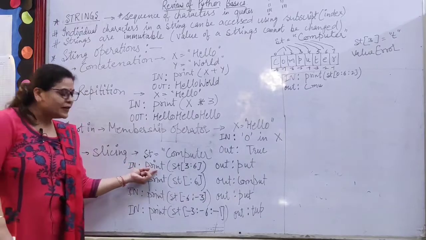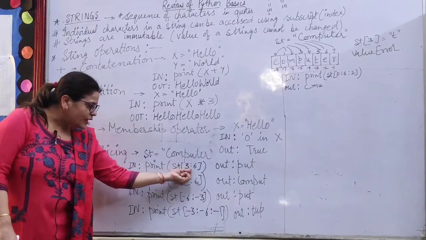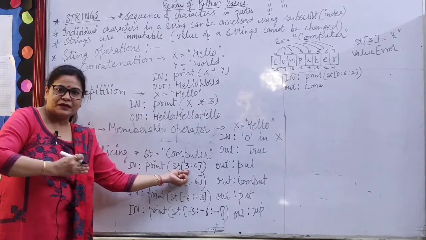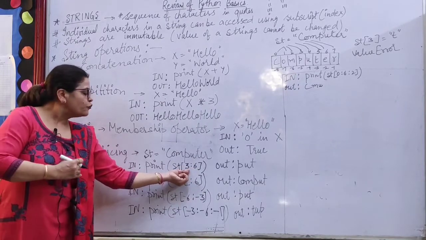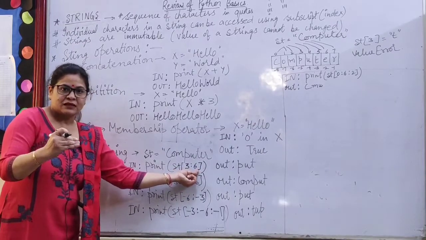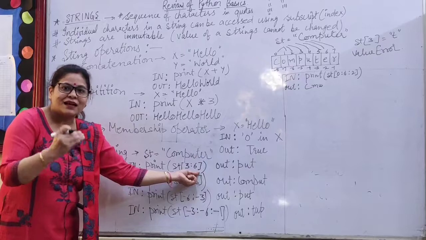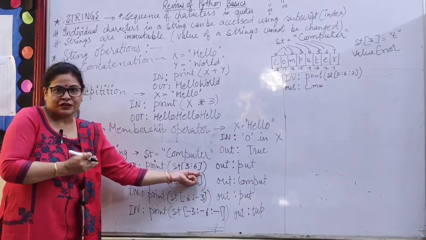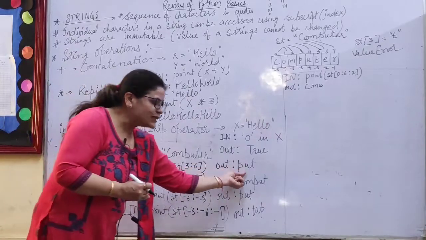Now, if I say print ST 3 colon 6, the start value means it will start printing the substring from the third index till the 6th. As we know, it never takes the stop value, it takes the value 1 less than the stop value. It will print the value as PUT.